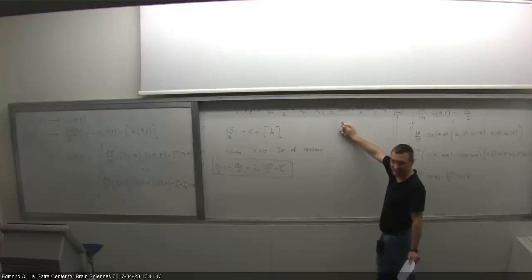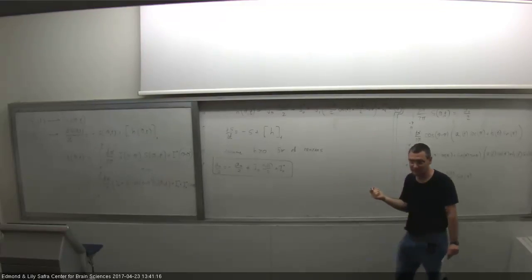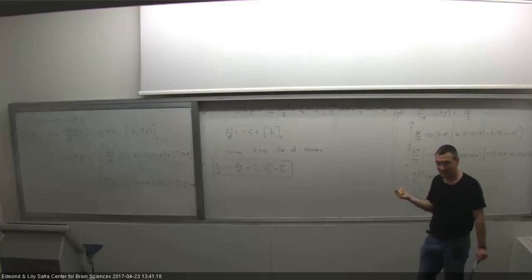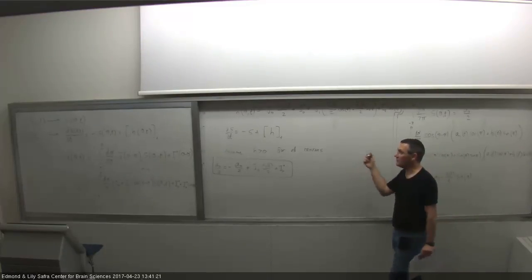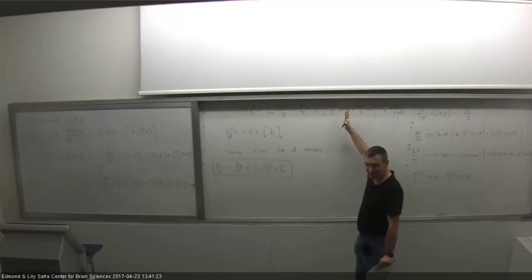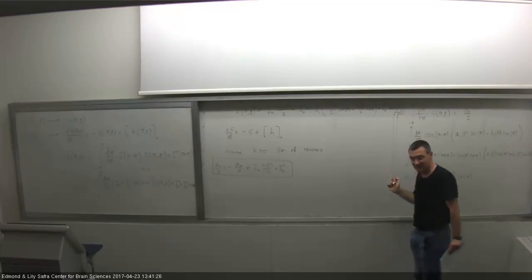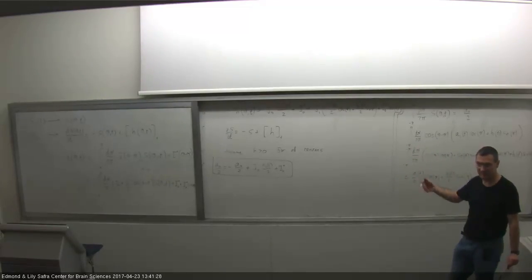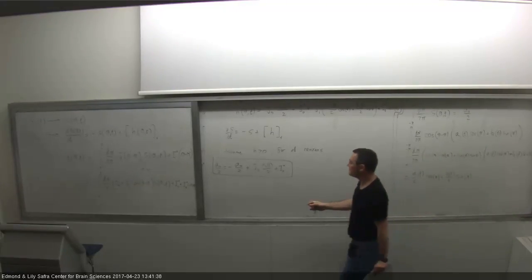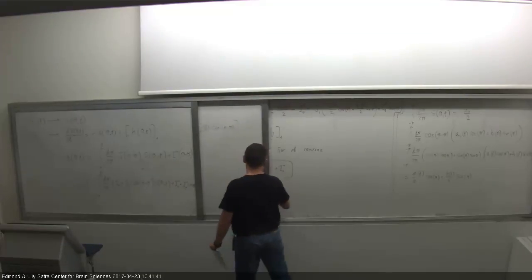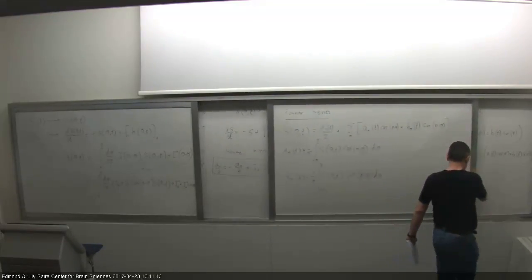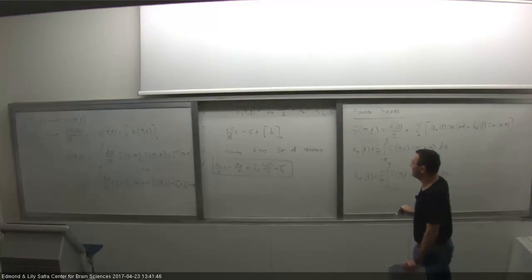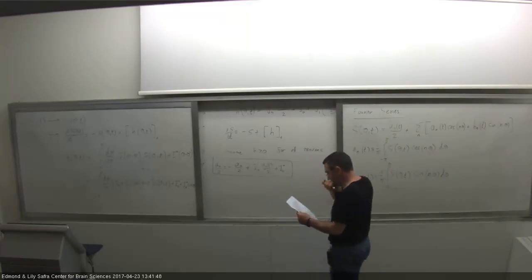Now I have terms that don't have cosine and sine of theta, terms that have cosine and sine of theta, terms of cosine of 2 theta, terms of sine of 2 theta, 3 theta, and so on. So I'm writing all these equations that are orthogonal, written this way. Okay, so this is the first equation.